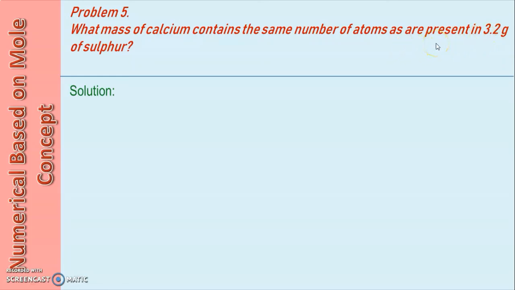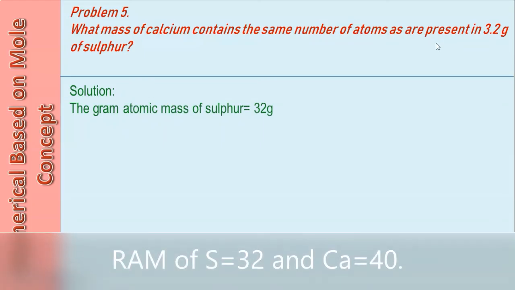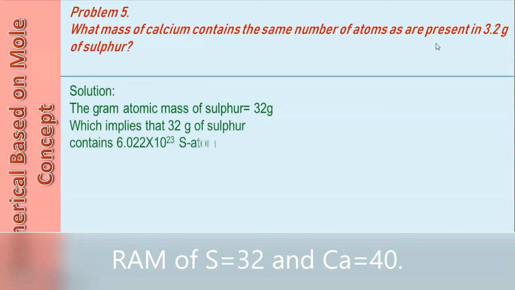So first question is, how many atoms are present in 3.2 gram of sulfur? The gram atomic mass of sulfur is equal to 32 gram. That means in 32 gram we can find 6.022 into 10 to the power 23 sulfur atoms.